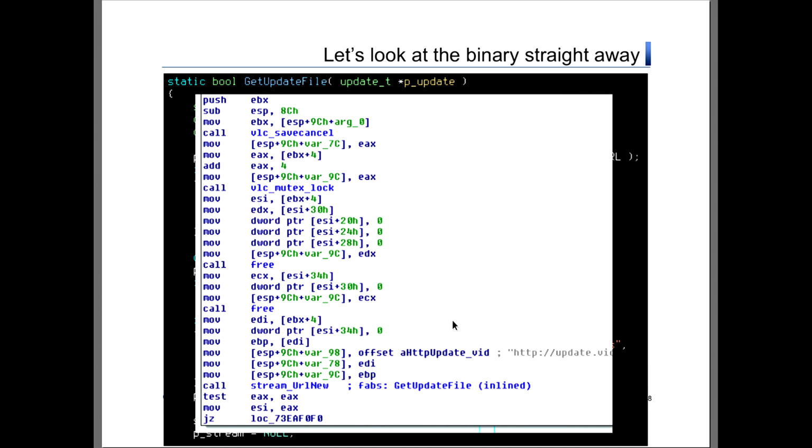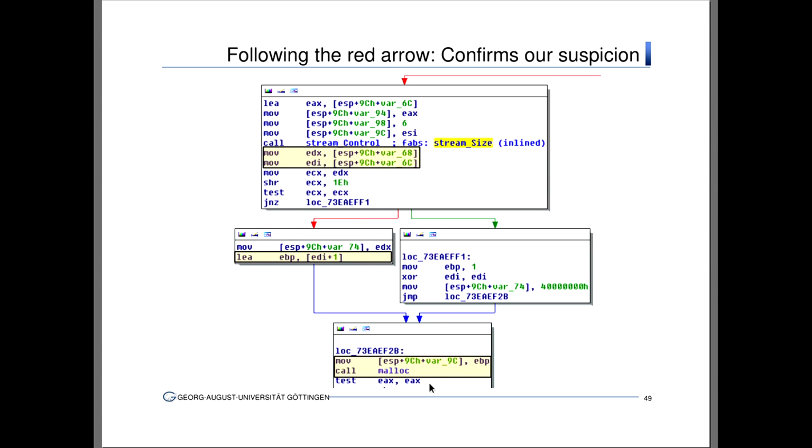Now let's look into the binary and we'll see, okay, this is a static URL, HTTP update videolan and so on. And this here, if you follow the link, you'll see this is the call to stream size. It's been inlined, and here you see the truncation in a very obvious form.